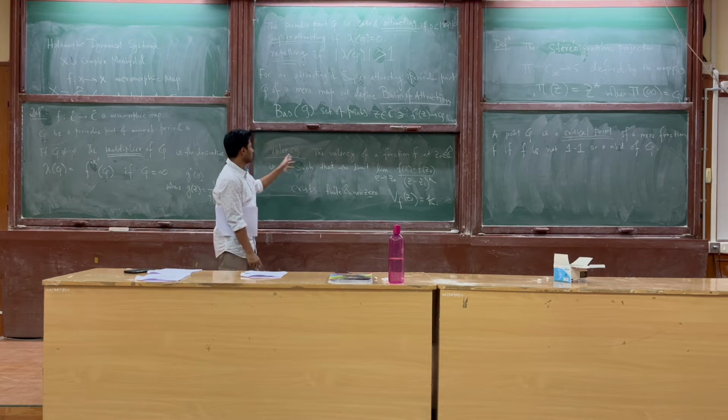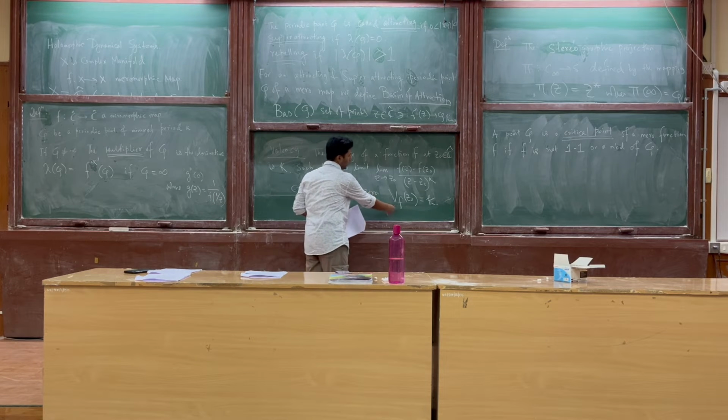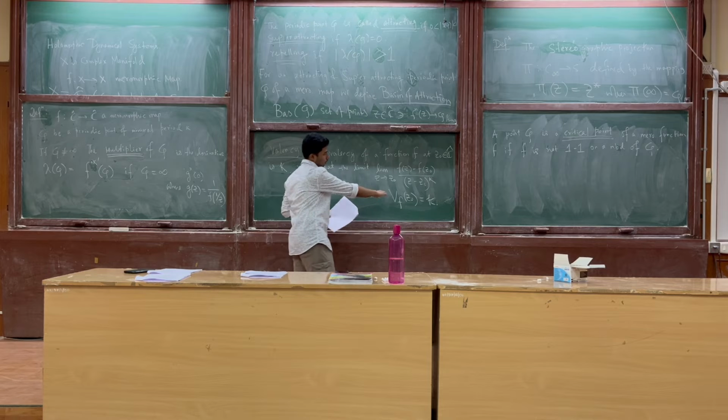So this is another thing I want to define. This is the valency. We denote it by Vf of z0.